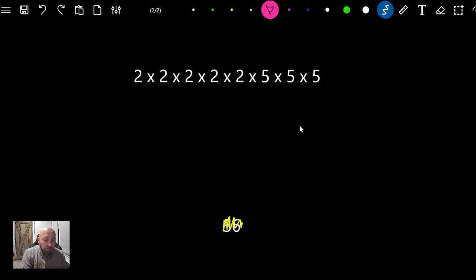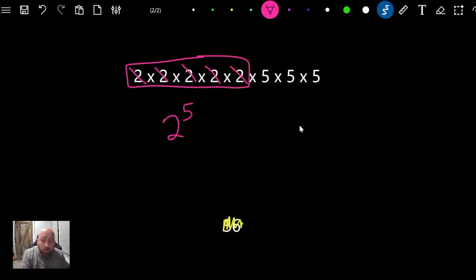But I want you to think about this. What is the base of this first part? It's a 2. How many times is the 2 being multiplied by itself? Well, 1, 2, 3, 4, 5 times. So we would put a little 5 right there.